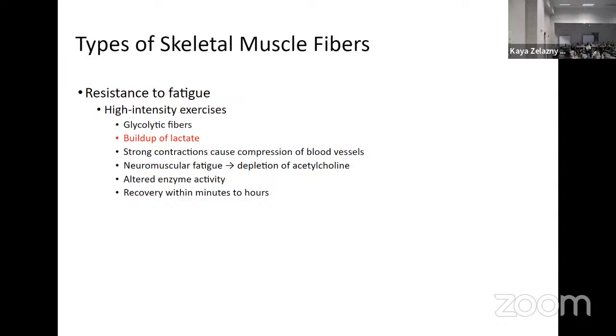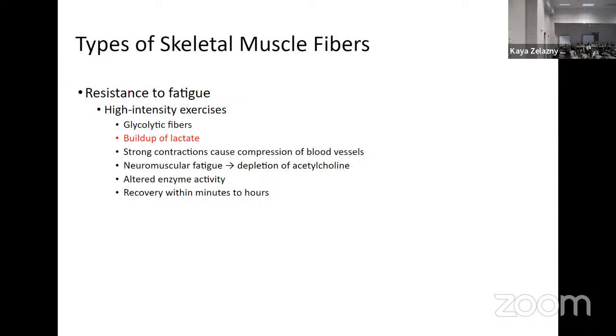Another way that we are getting fatigue sometimes when we do high intensity exercise is we're using up our acetylcholine in order to get a glycolytic fiber to really contract, right? It's wide in diameter.